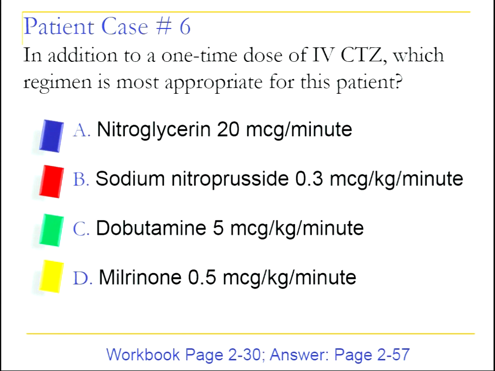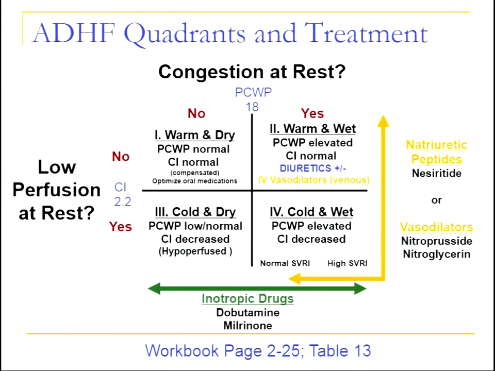But this is the time when we are going to go to IV vasodilator therapy. And we're not ready for the inotrope yet because he's not hypoperfusing. But the vasodilators can be used in settings of acute pulmonary edema here, where we're trying to avoid an intubation.